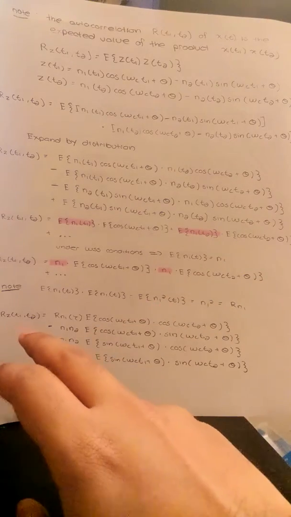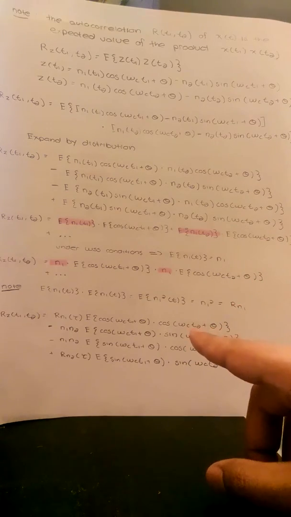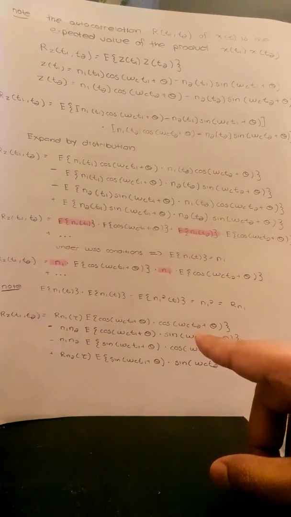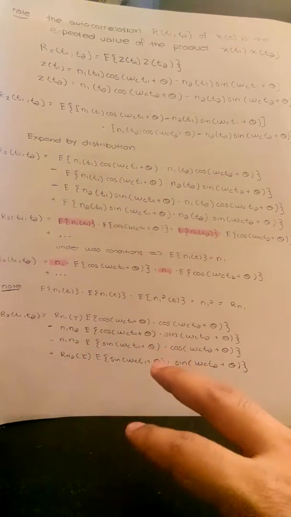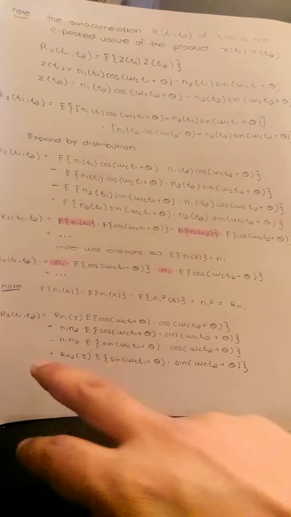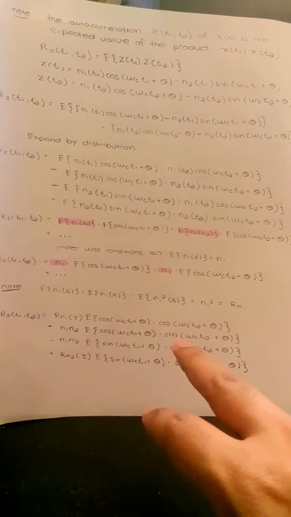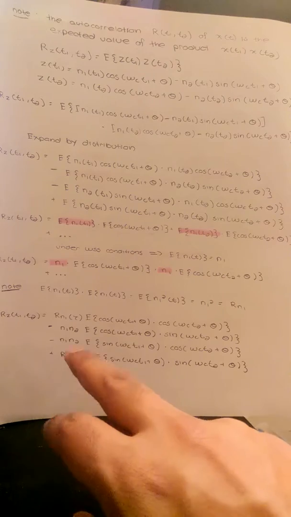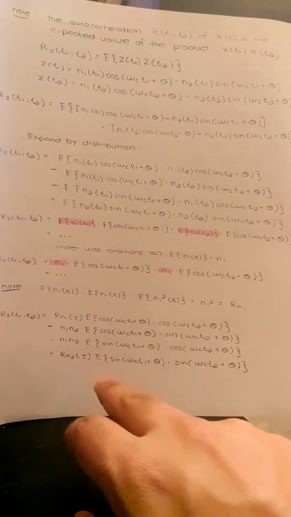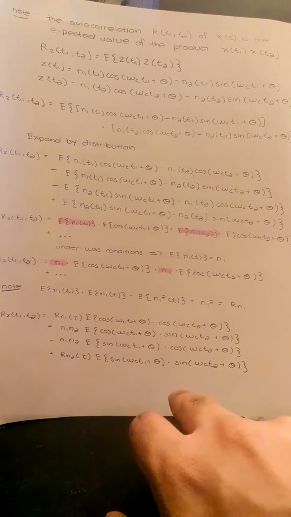So we can rewrite Rz(t1, t2) equals Rn1(τ) times the expected value of cosine(ωc t1 plus θ) times cosine(ωc t2 plus θ), minus n1 n2 times the expected value of cosine(ωc t1 plus θ) times sine(ωc t2 plus θ), minus n1 n2 times the expected value of sine(ωc t1 plus θ) times cosine(ωc t2 plus θ), plus Rn2(τ) times the expected value of sine(ωc t1 plus θ) times sine(ωc t2 plus θ).